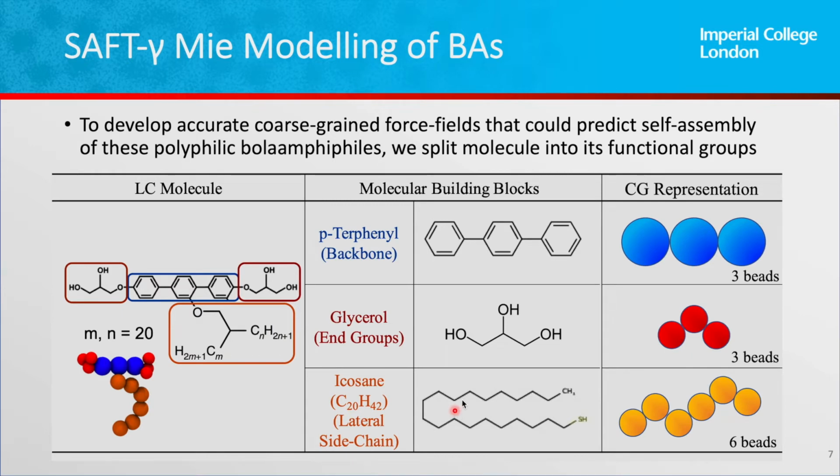Now, in order to do this, we assume that we have tangentially bonded spheres, so spherical coarse-grained models, where for p-terphenyl, for example, we could assume that each benzene ring is a coarse-grained segment. For glycerol groups, we could assume that every COH group is a coarse-grained segment. And for icosane, we could assume that it's composed of, say, 6 segments of tangentially bonded spheres.